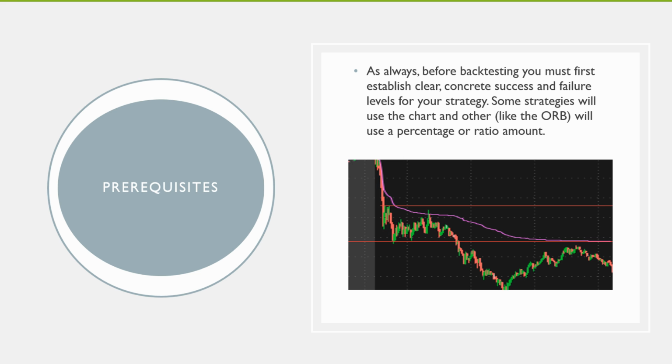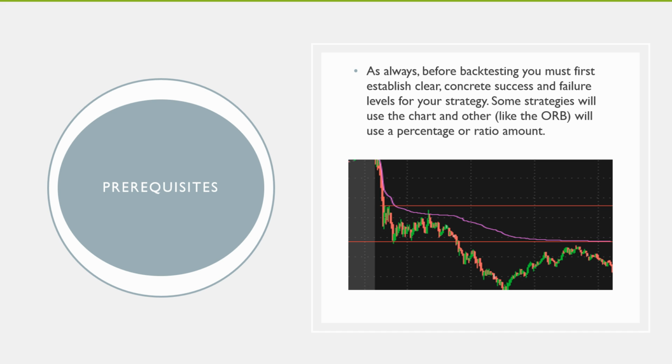The opening range breakout uses a 1-to-1 reward target and risk target, so your risk is going to be the size of that first candle, and your reward target is going to be the equivalent of that, so that 1-to-1 ratio or percentage.